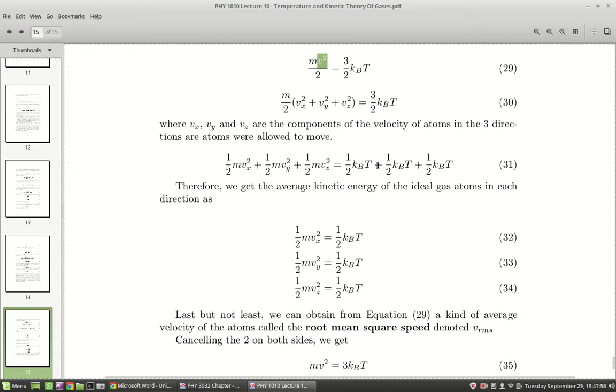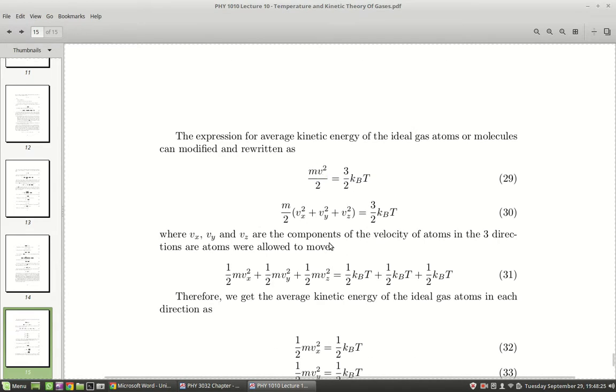So in each of these directions, the energy of the atoms along the x direction, which is half mv squared, is equal to half kbT. So in each direction we have allowed the atoms to move, we can find out how much energy they have and how that is related to the temperature.